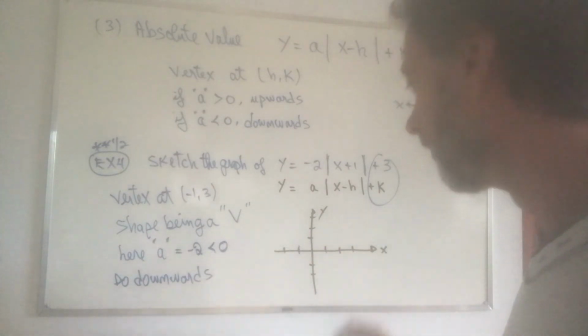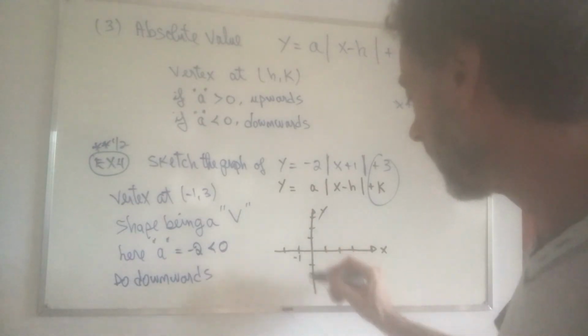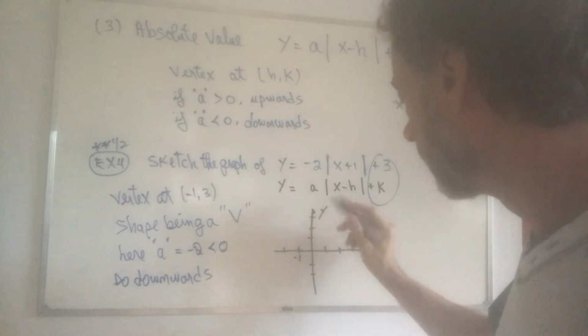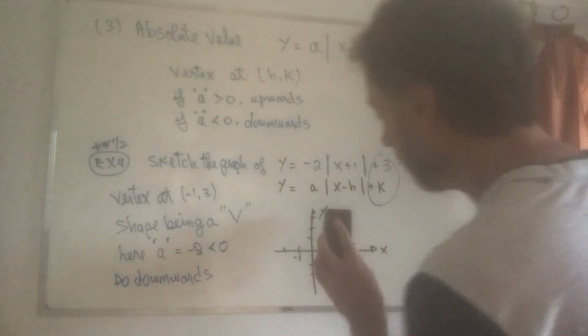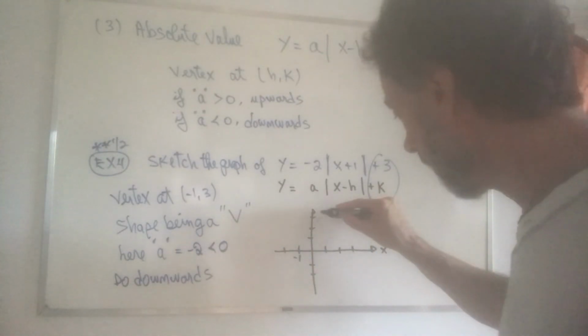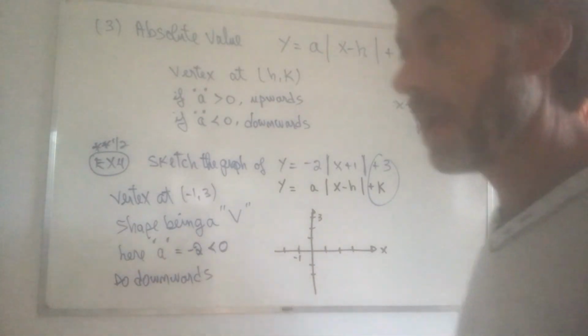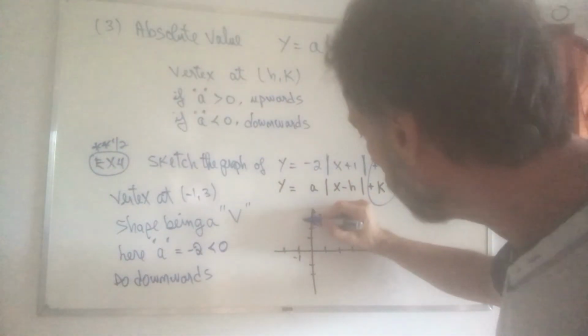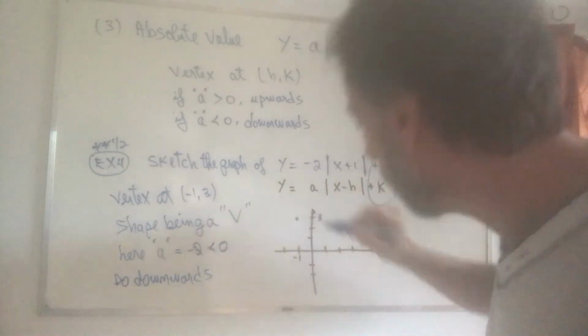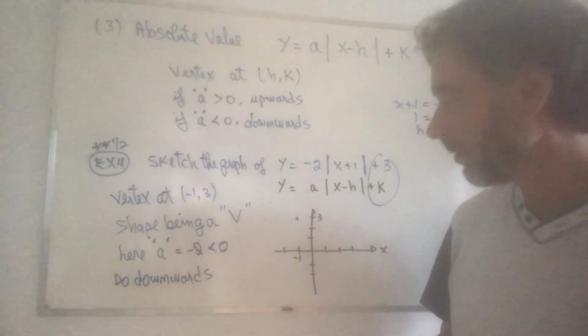a couple of points. Here's minus 1, here's 3. I'm going to put the 3 over here. And I'm going to put in my vertex, minus 1 and 3. Right here.